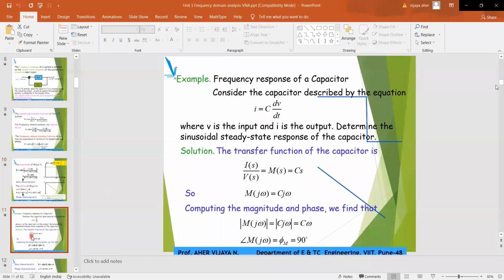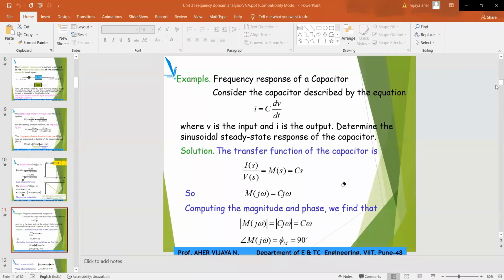Take a small example, a very simple example I am going to take. You might have studied the frequency dependent components. Frequency sensitive, or you can say frequency dependent components are nothing but capacitor and inductor. So take a very simple example of capacitor. Only one capacitor. Apply input, take output.